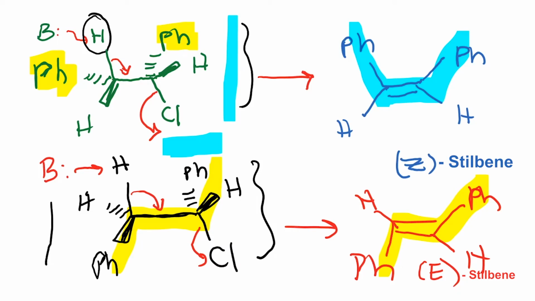Okay, however, what is important here is that the barrier for conversion between the conformer leading to the Z product and the conformation leading to the E product is extremely low. So I'm just going to draw an energy profile which describes this process.